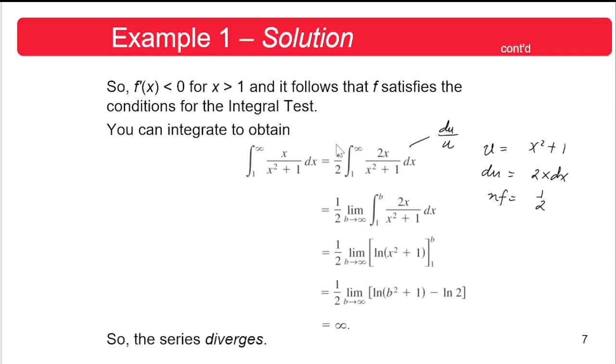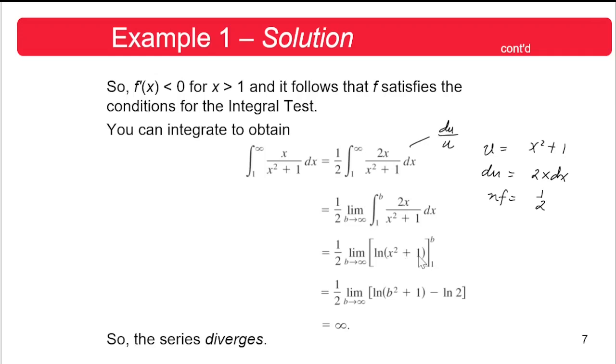So we replace the upper limit, the infinite limit, by b as b approaches positive infinity. Because this is of the form du over u, the integral of du over u is the natural log of u, where u is x squared plus 1, evaluated from 1 to b as b approaches positive infinity.